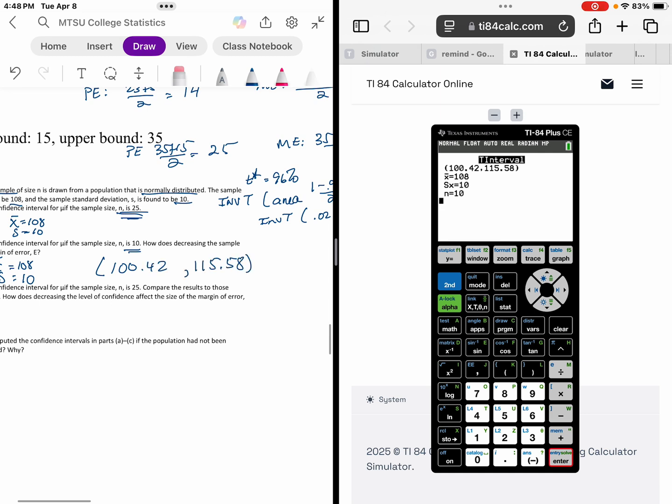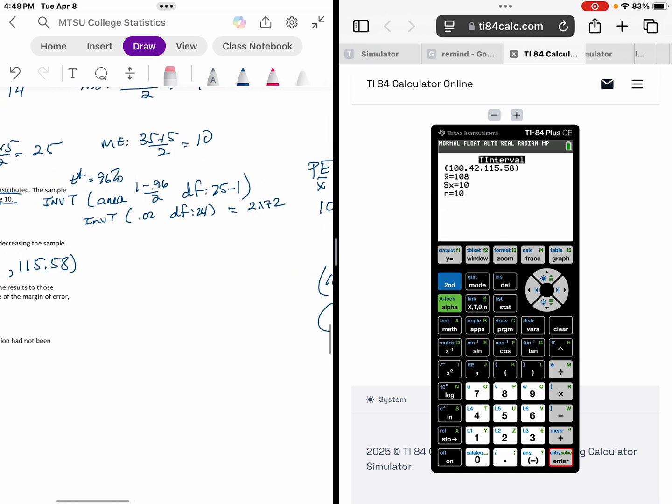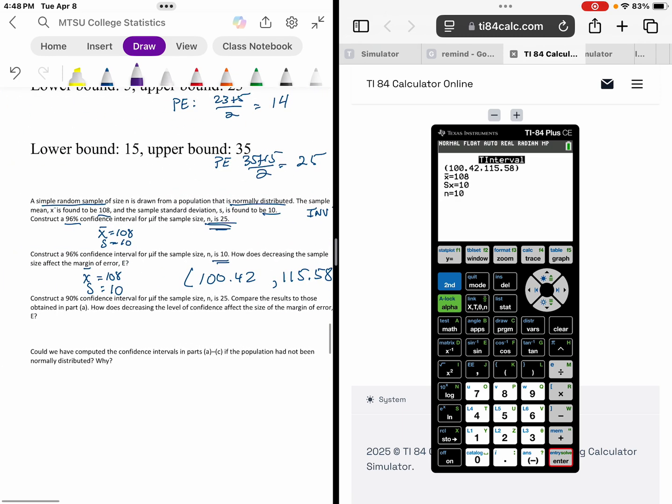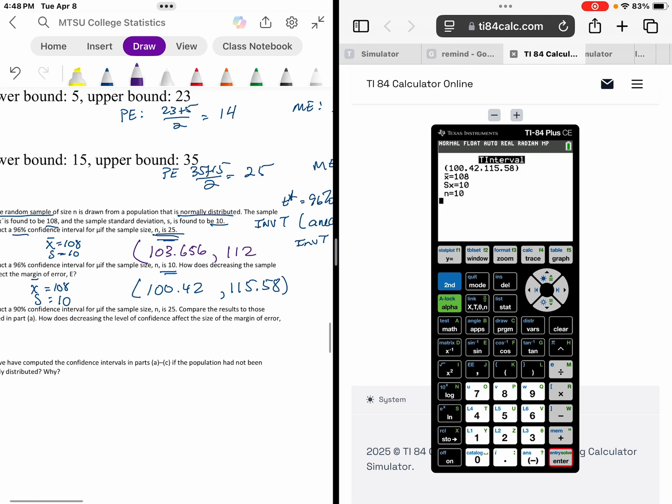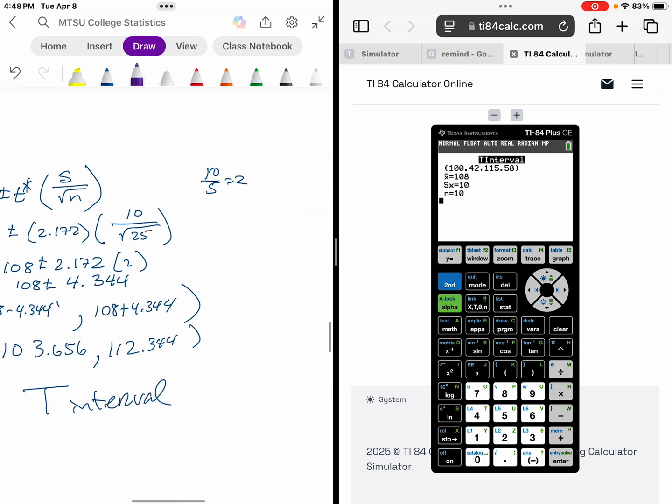Now I'm going to write above that on the previous one: 103.656, and then it was 112.344.